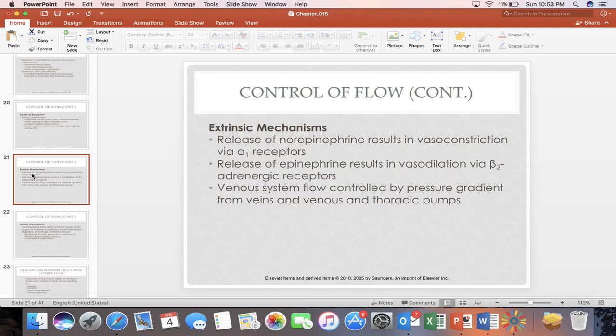The extrinsic mechanism releases norepinephrine, resulting in vasoconstriction through the alpha-1 receptor. There is also epinephrine, which results in vasodilation through the beta-2 adrenergic receptor. And then you also have the venous system flow controlled by the pressure gradient from vein and venule and the thoracic pump.